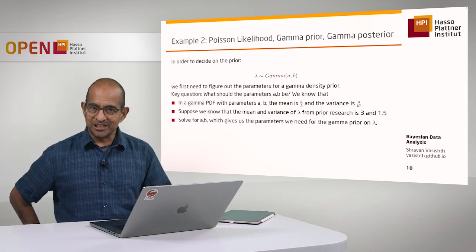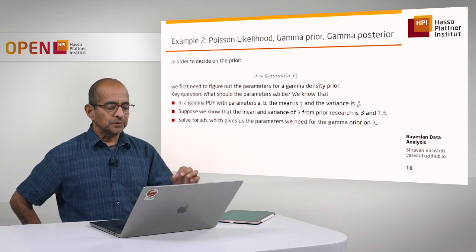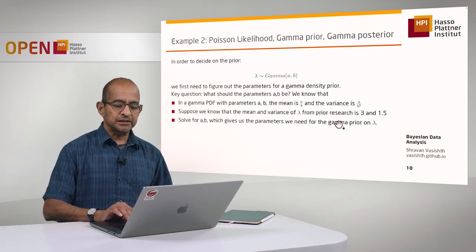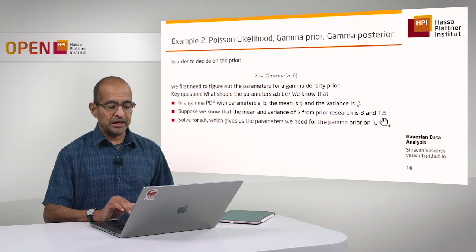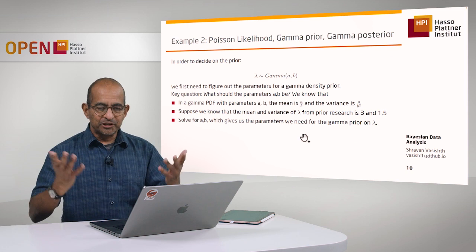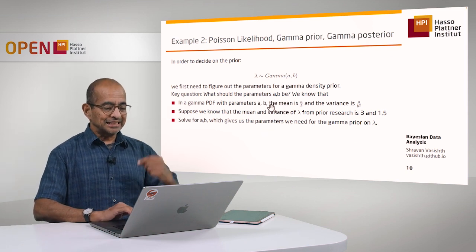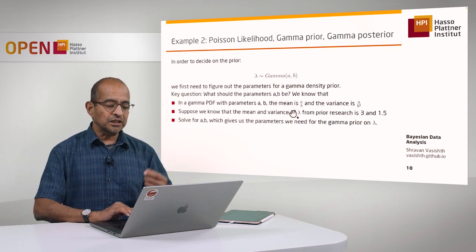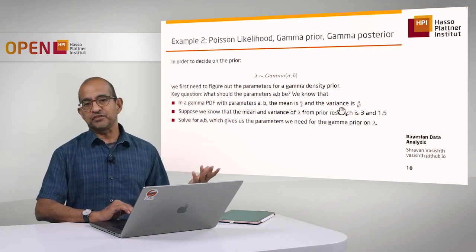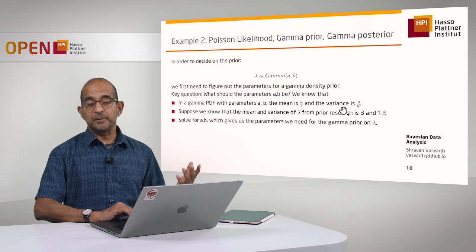Now we already know something. We know the mean and the variance of lambda from prior research: the mean is 3 and the variance is 1.5. What we also know from statistical theory is that in the gamma distribution, the mean is A divided by B, and the variance is A divided by B squared.